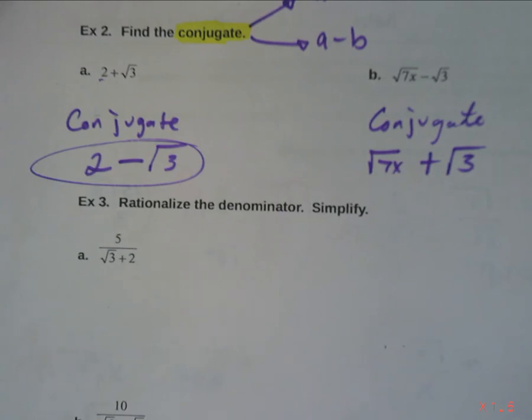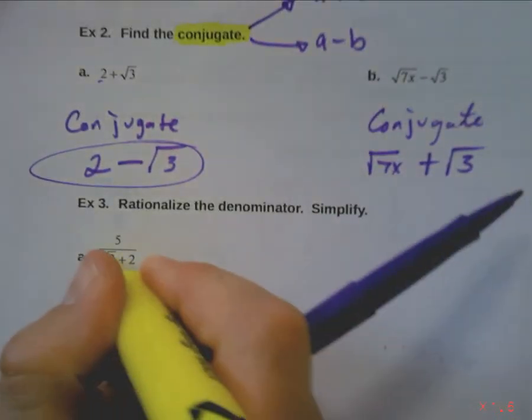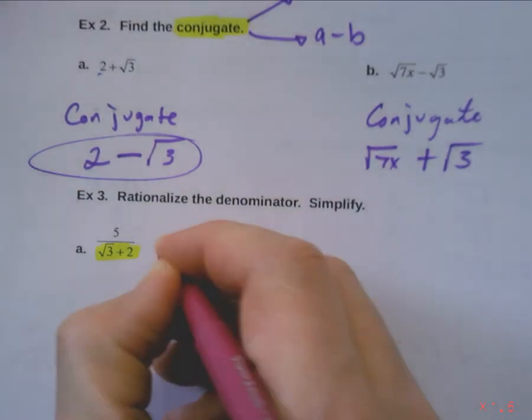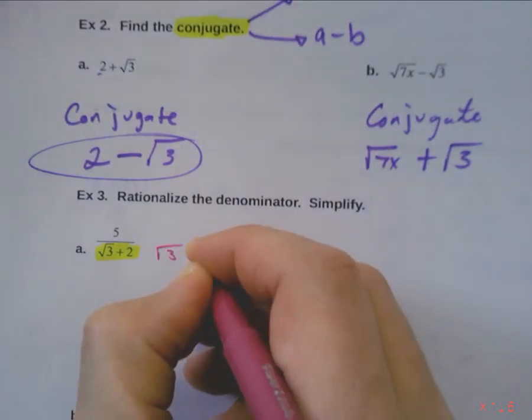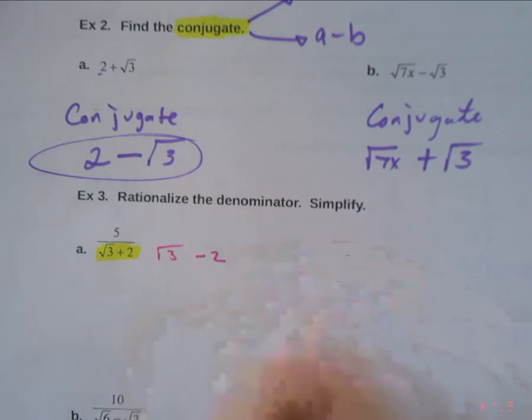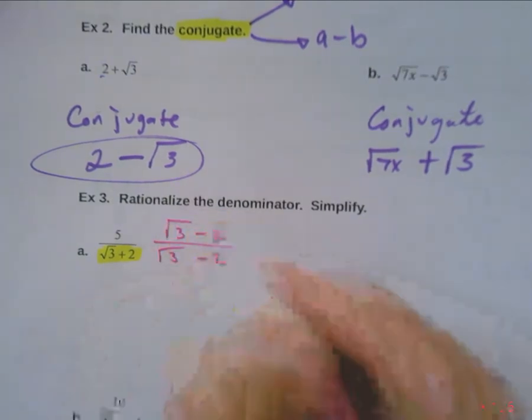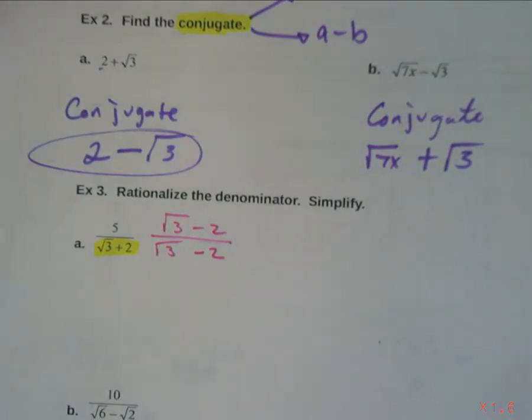This is where we use the conjugate, okay? So we take a look at this guy right here, and we need the conjugate. So what's the conjugate of root 3 plus 2? So I'm going to multiply top and bottom. Michael said that was root 3 minus 2. And if you do it to the bottom, you got to do it to the top to keep it equal.